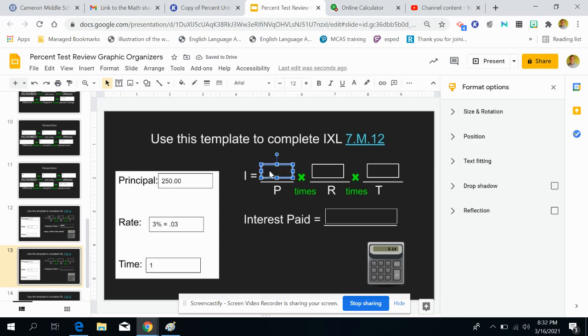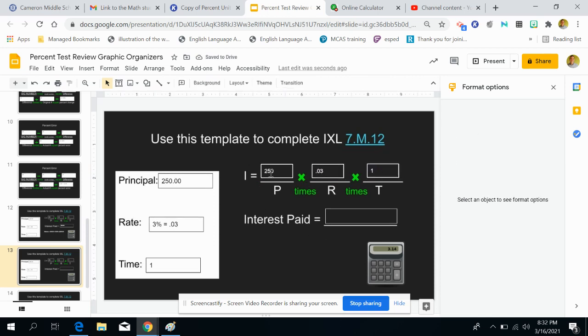Now I'm going to go ahead and transfer these numbers into my equation. So P was 250 times R is 0.03 times time is 1. So 250 times 0.03 times 1 is going to equal the interest that paid.